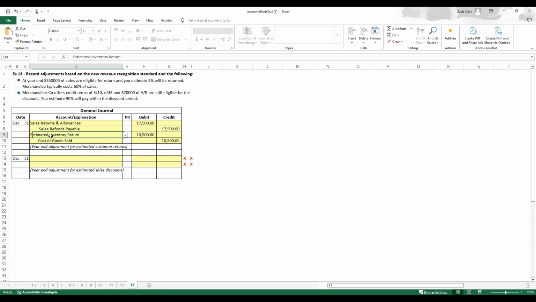We don't have real inventory coming back. We want to keep this in its own account, its own estimated inventory return account. And we're not actually, at this time, issuing the actual dollars back like you would with a real return. So we're recording these two special accounts for the revenue recognition policy adjustment. But in all other respects, these two accounts, the sales returns and allowances and cost of goods sold reduction, are the same as for a standard inventory return.